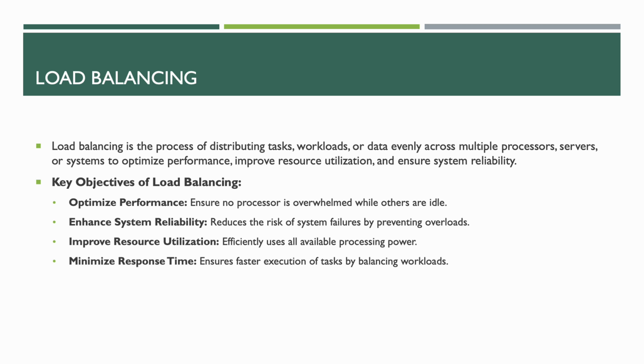The goal is to optimize performance, improve resource utilization, and enhance system reliability by preventing bottlenecks and overloading. In a multiprocessor system, some CPUs may be idle while others are overloaded. This imbalance can lead to inefficiency. So, load balancing ensures that no single processor is overburdened while others remain underutilized.